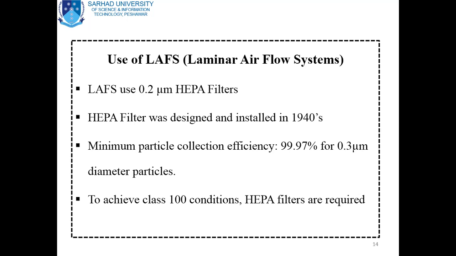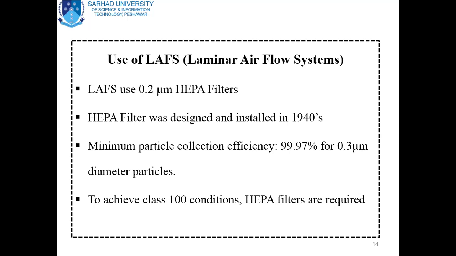I have told you that a HEPA filter, a high efficiency particulate air filter, has the efficiency to retain 0.3 micron particles or larger. The pore size should be smaller than 0.3 micron, because if it is more than 0.3 micron, then particles of 0.3 micron and larger will not be retained.